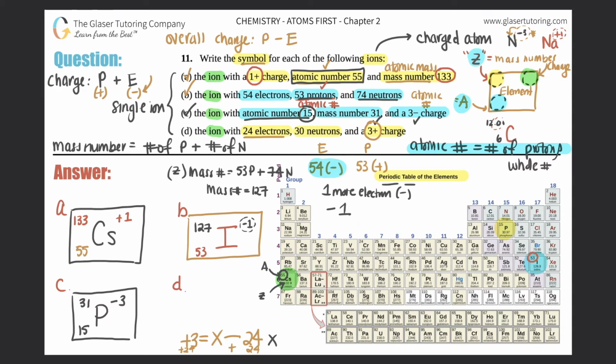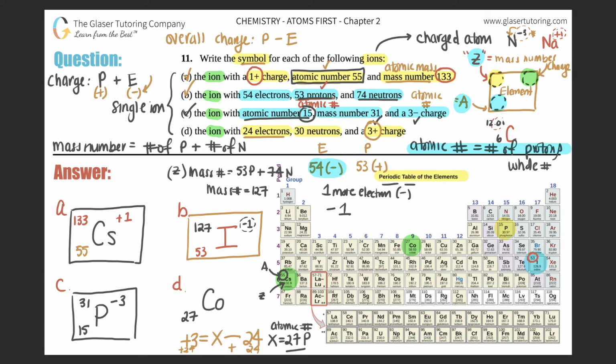So x would equal 27 protons. And now we know the atomic number because the atomic number always equals the number of protons. So now we just got to scan for 27. And that's right here, cobalt. So cobalt here. And now we know the atomic number is 27.